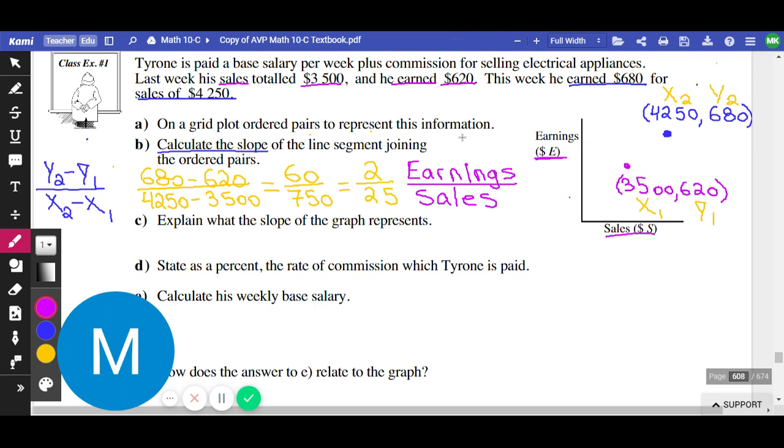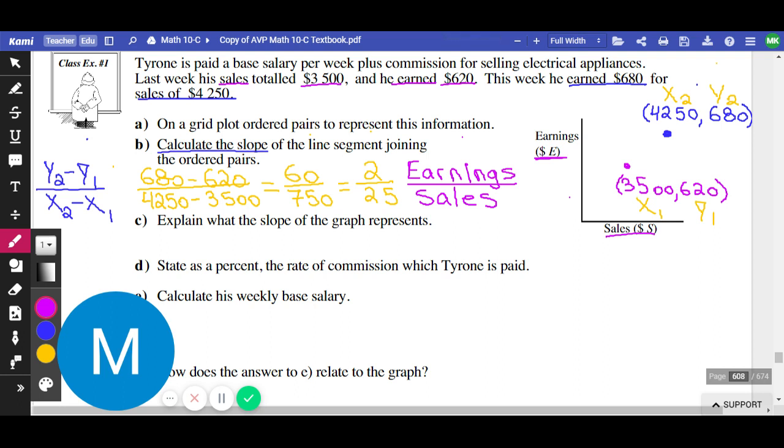This means he earns $2 for every $25 worth of sales. That's what that represents. So if he sells $100, then you would be able to figure out what his earnings would be. We just did part C, so we explained what the slope represented.